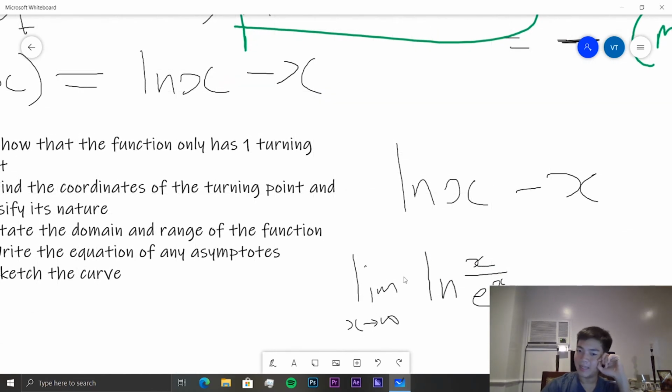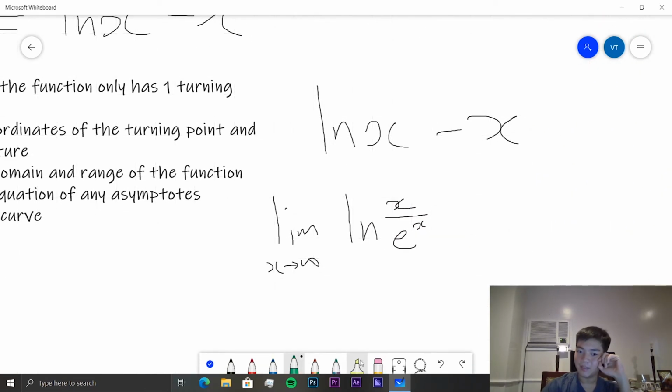I don't see any as x is tending to infinity, but how about if it tends to the other point in the domain, which is x tends to 0?